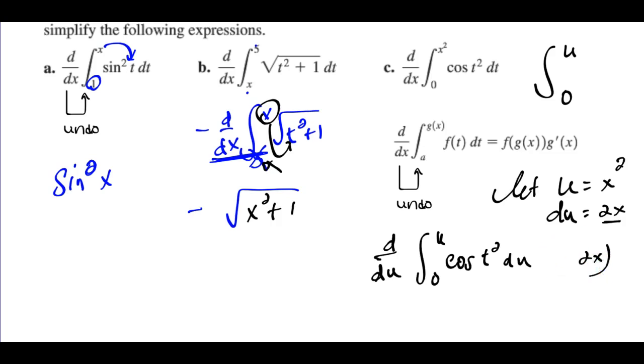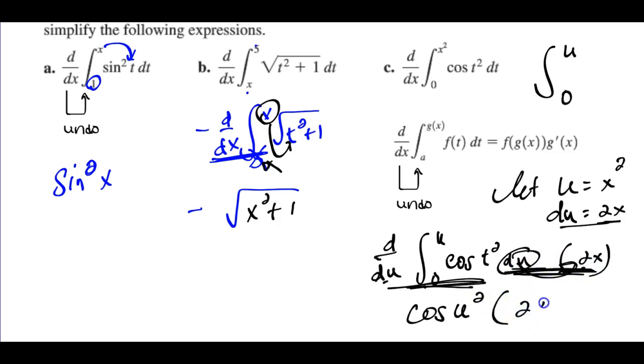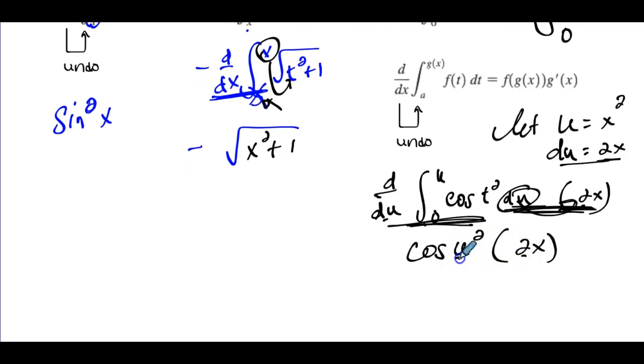But remember, you're going to end up with a 2x out there because that's my du. Du is the 2x. So that du is my 2x. So this guy becomes, the derivative undoes the integral, just the cosine of u squared, and then I already explained the du is the 2x, and I'm kind of mixing variables here because I can't have a u and an x, so I'll just replace that u back with x squared.